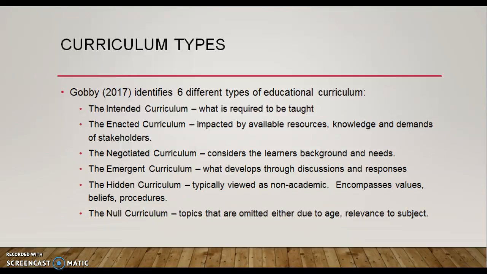This is typically viewed, as I mentioned earlier, as the non-academic, and this encompasses the values, the beliefs, and the procedures that may be outlined by a particular individual as they're teaching various concepts. You didn't really mean for it to become a lesson, but it did. And I almost left out the final one, the null curriculum. These are the topics that are omitted either due to age or relevancy to the subject matter.